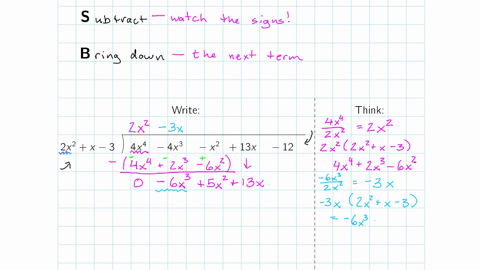Negative 3x times x is negative 3x squared. Negative 3x times 3 is positive 9x. So we write that underneath. Negative 6x to the third minus 3x squared plus 9x.